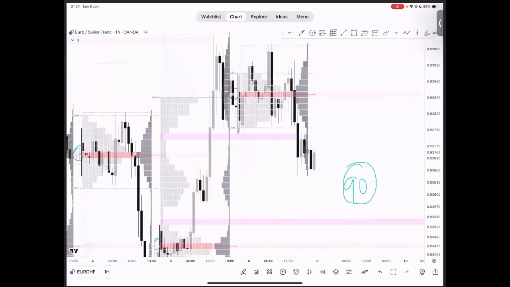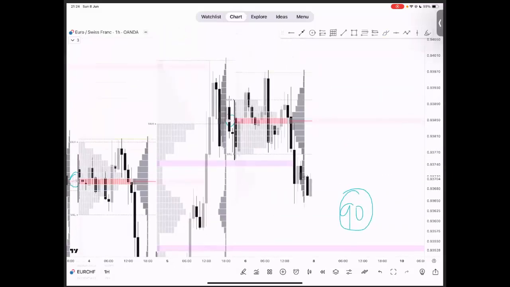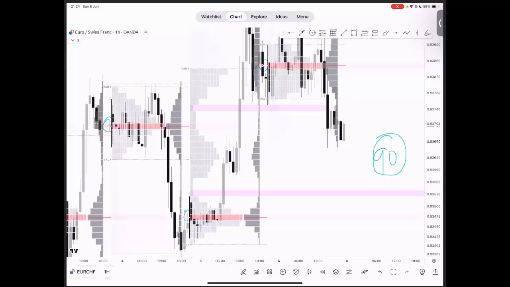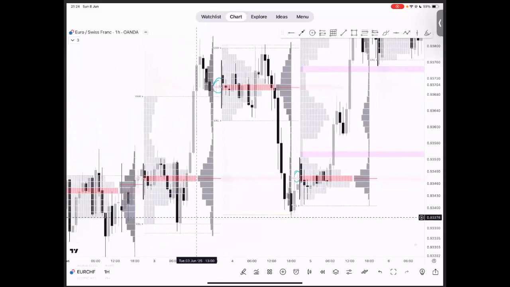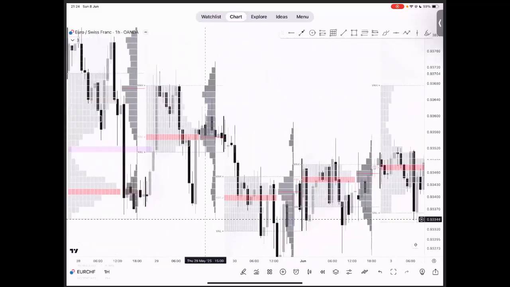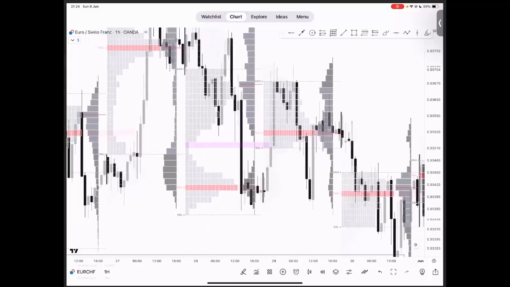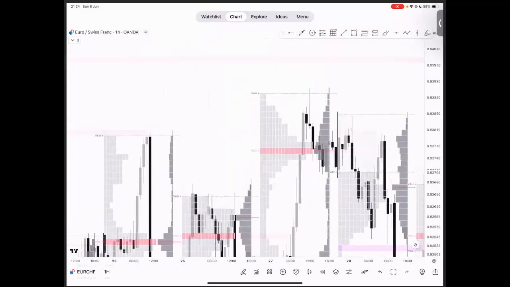Majority of times, 8 out of 10 times that you see your POC resting on your type A or type B trading setup, realize that particular setup is most likely going to play out, every time that you have POC resting on the entry, right?